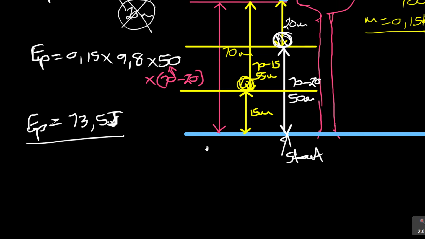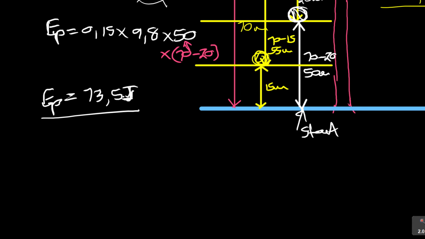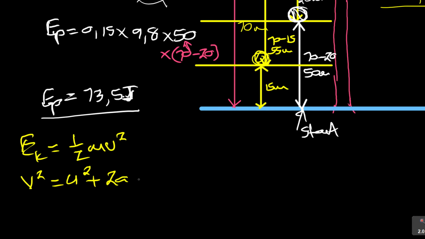And then if you are looking at velocity, remember the formulas. You've got two formulas that link velocity. We have EK as half mv squared, and then v squared is equal to u squared, which is initial velocity, plus 2as.